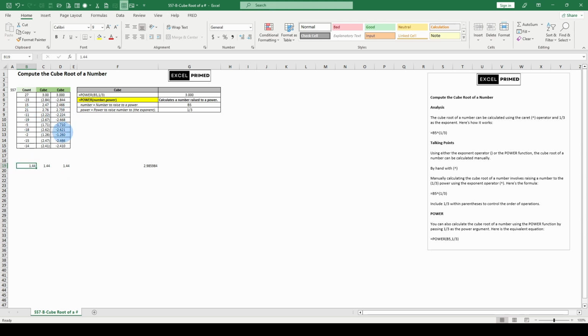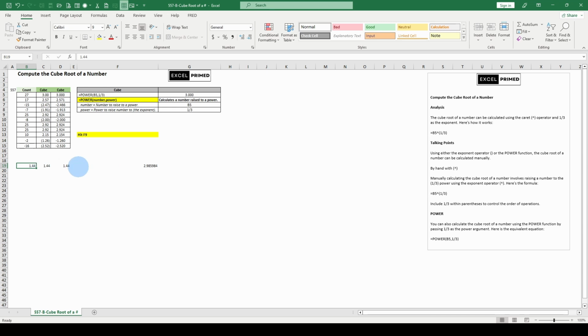So this number 1.44, I have this set up so when you hit F9 it just changes. In other words, I have a random between here, and you know about my random betweens.